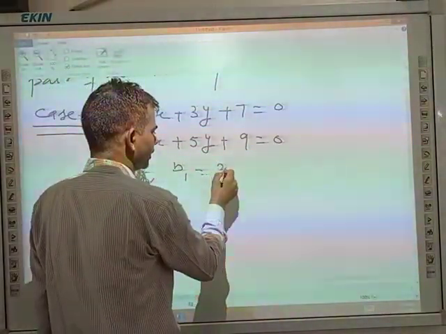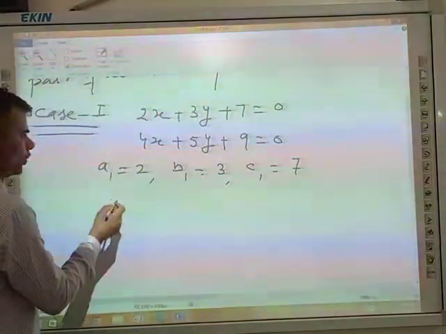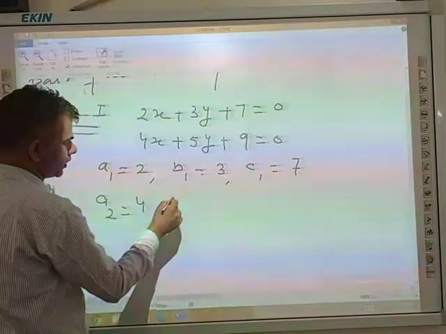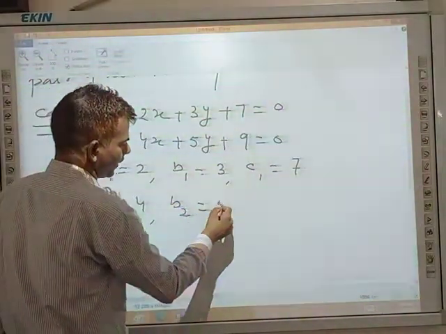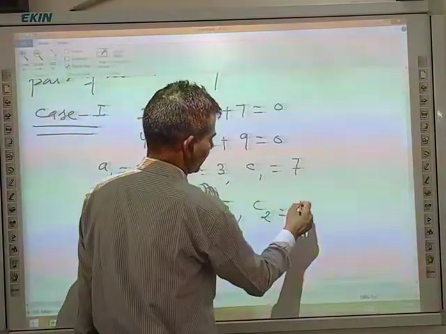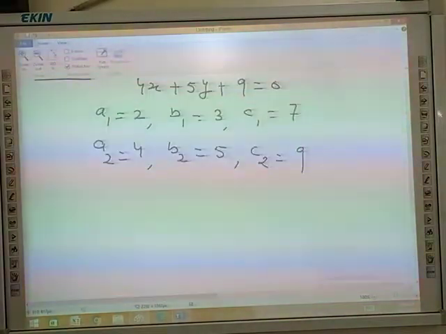Plus 3. What is C1? 7. What is A2? That is 4. What is B2? That is 5. And C2? C2 is 9. Now students, we will compare.